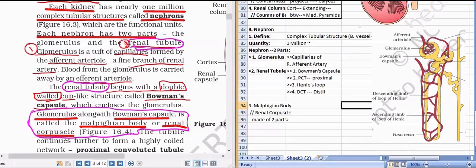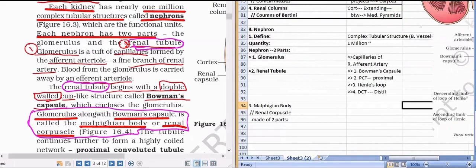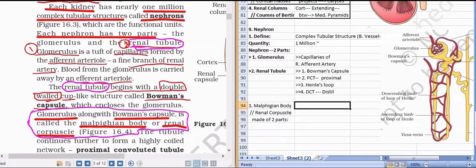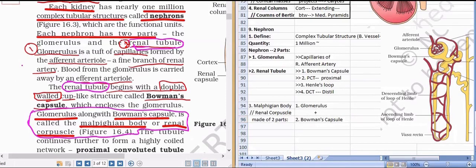First one is the glomerulus. Second is Bowman's capsule. These two. If you want, it is mentioned in the diagram.